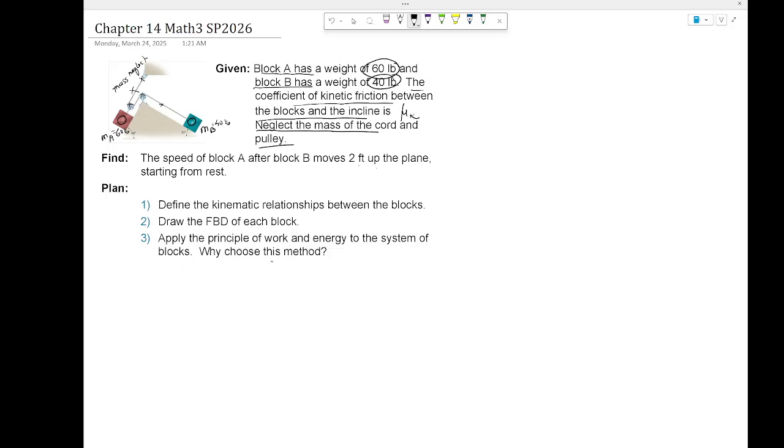So I have it solved in two different ways. One is when the mu k value is 0. The other one is 0.1. As I said, I have it solved in two different ways, and we'll see it shortly. But let's now focus on this problem itself.